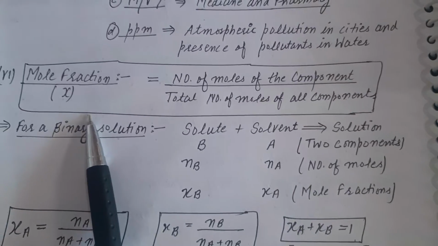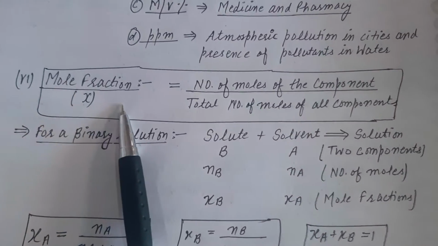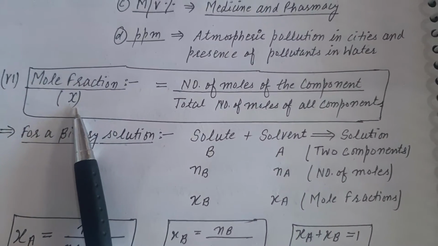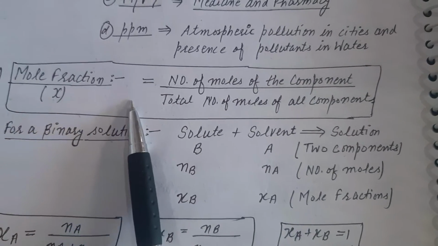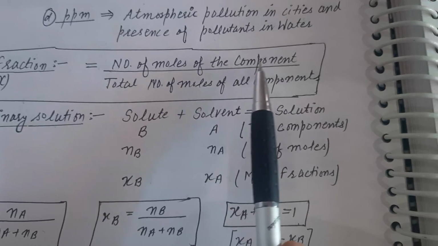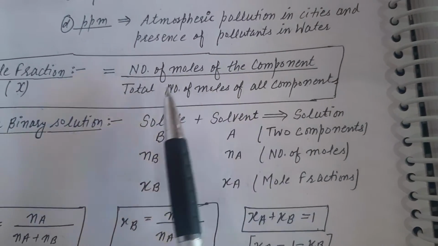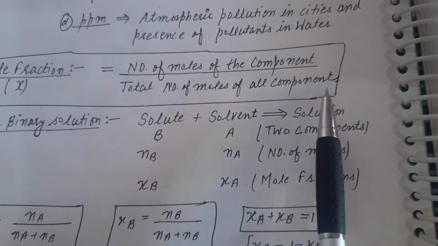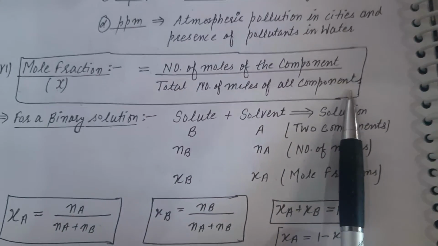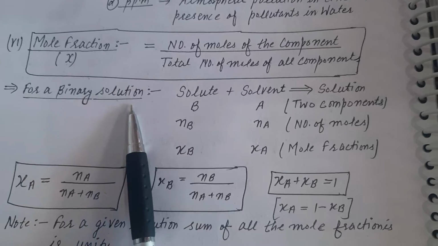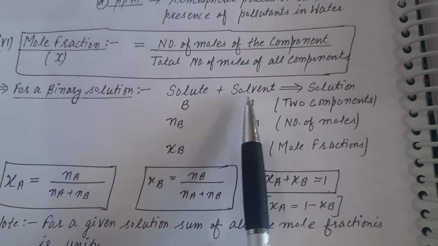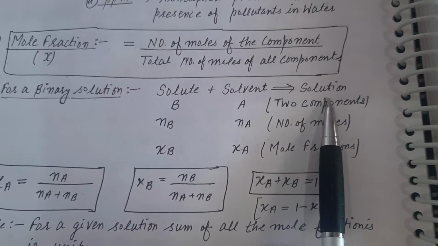Next expression, and an important expression, is mole fraction, denoted by chi, or we can say small x or capital X. It may be defined as the number of moles of a component upon the total number of moles of all components. For example, for a binary solution, solute plus solvent gives rise to solution.